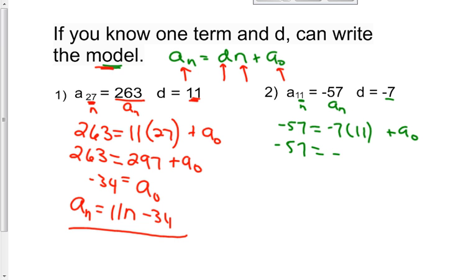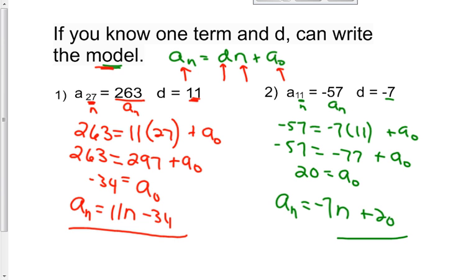Negative 57 equals negative 77 plus a sub 0. Add 77 on both sides. 20. 20 is our starting value, the a sub 0 term. Our model will be a sub n equals negative 7n plus 20. There's your model.